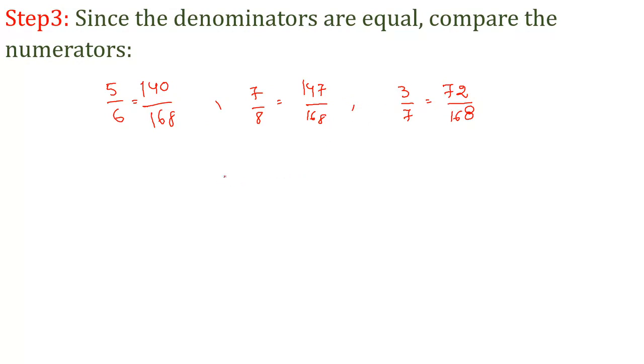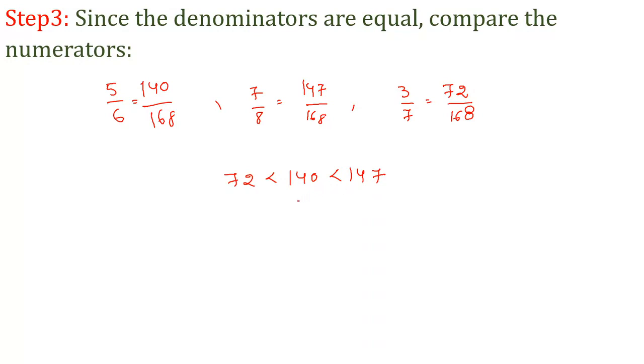Here, since 72 is less than 140 is less than 147, you have to write in reverse order.